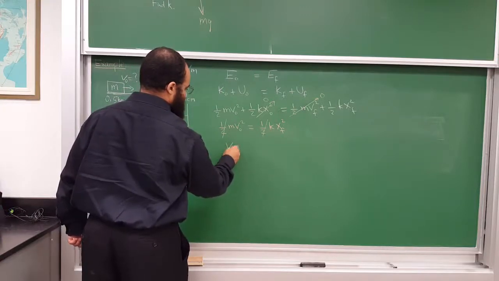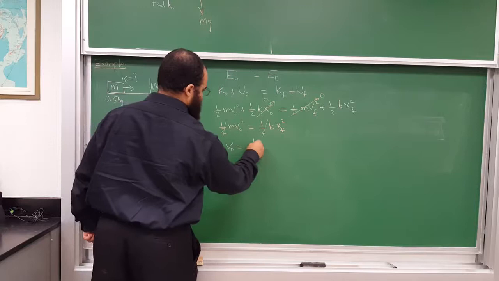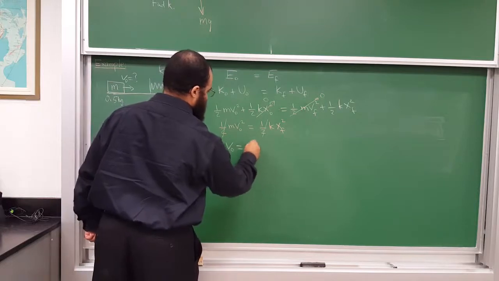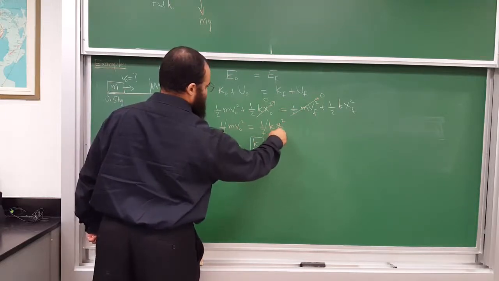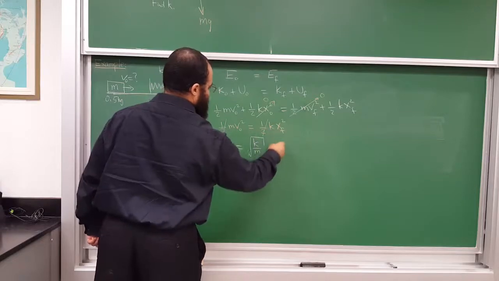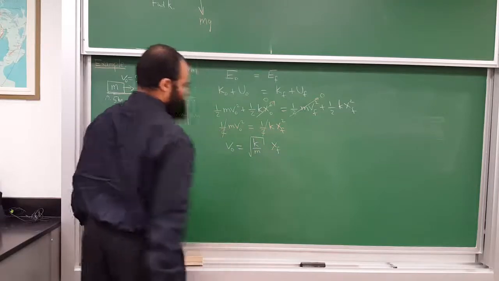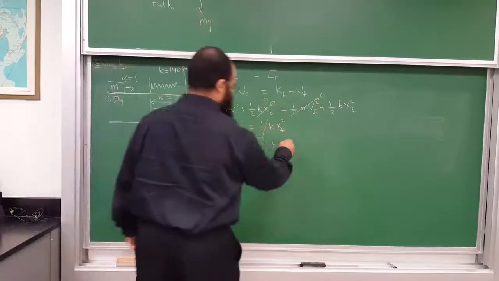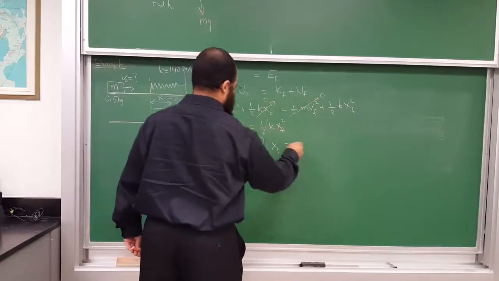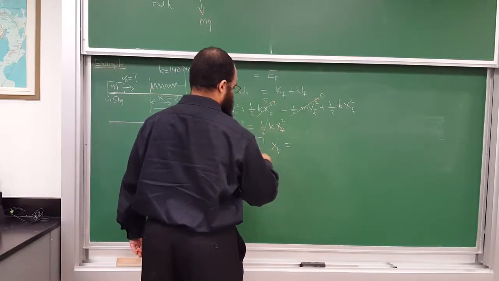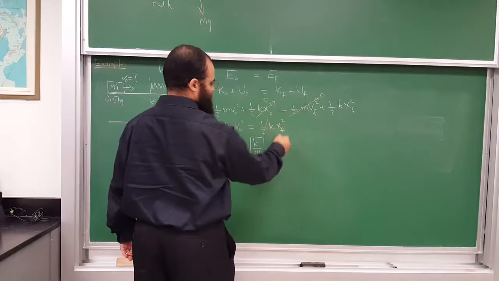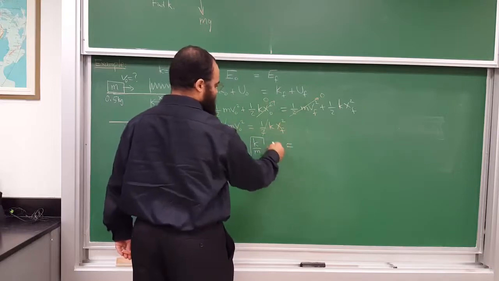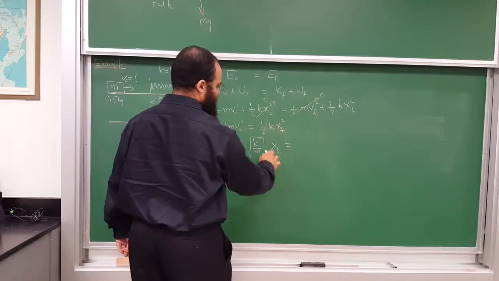So you get v initial will be k over m. You have to take the square root. But when you take the square root of x final squared, you just get x. And we get here the square root of k over m. Technically, when you take the square root of x squared, it's the absolute value, but I would just plug in the magnitude.